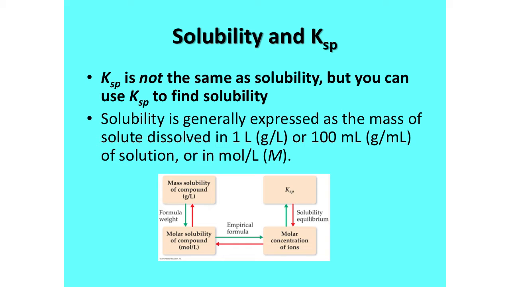Now, as we were already seeing in our previous example problem, you can use your K expression to figure out the x value and then the amount of ions that are dissolving and the amount of salt that did dissolve. And then from there, you could even figure out the grams of the salt that had dissolved too.